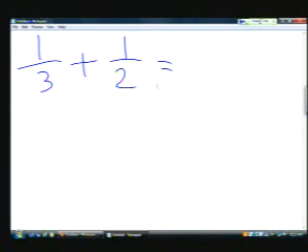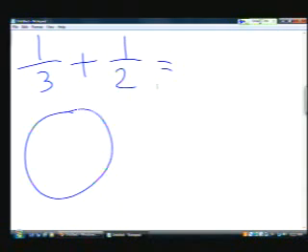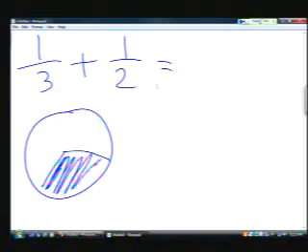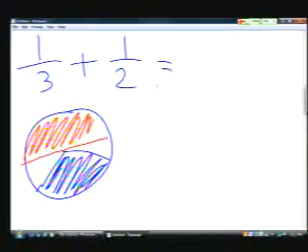Very good. The reason for that is, what we've got going on here is we have a third of a pizza, plus we're trying to add to that a half of a pizza. You can't add a third of a pizza to a half of a pizza unless you get the pizza sizes the same size.